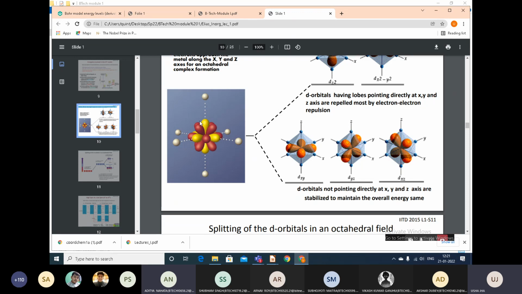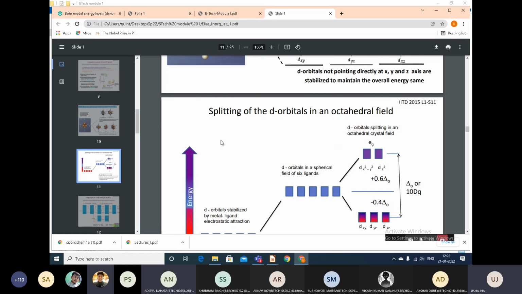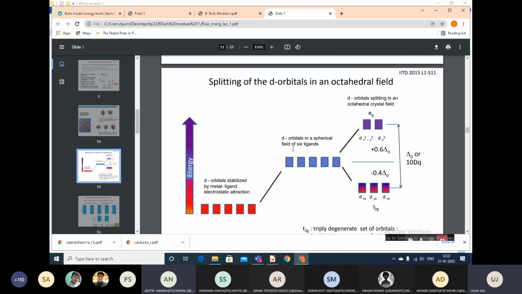So there is a repulsion between the approaching ligand and the electrons present in the outermost orbital. As a result of that repulsion, the energy of the d orbitals gets increased, so it moves up.